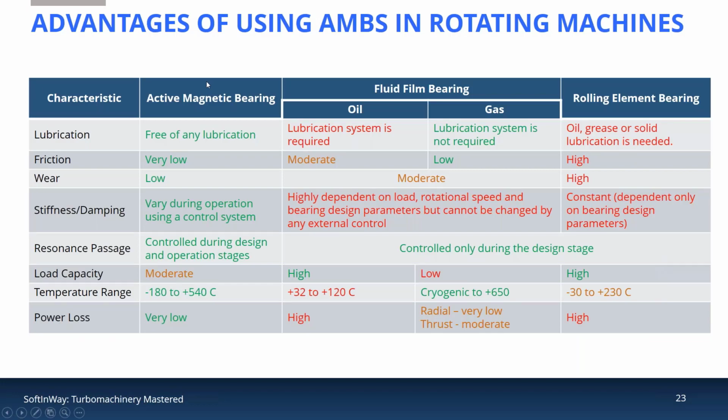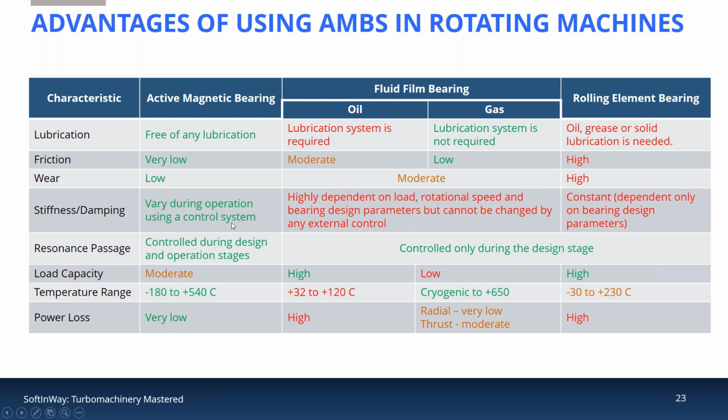Now let's discuss advantages of using AMBs in rotational machines. The levitation of a rotor in AMBs results in a number of advantages in comparison with the other types of bearings. These advantages are the absence of lubrication, reduced friction and wear, as well as variable stiffness and damping coefficients, which provide smooth passing through the resonances.